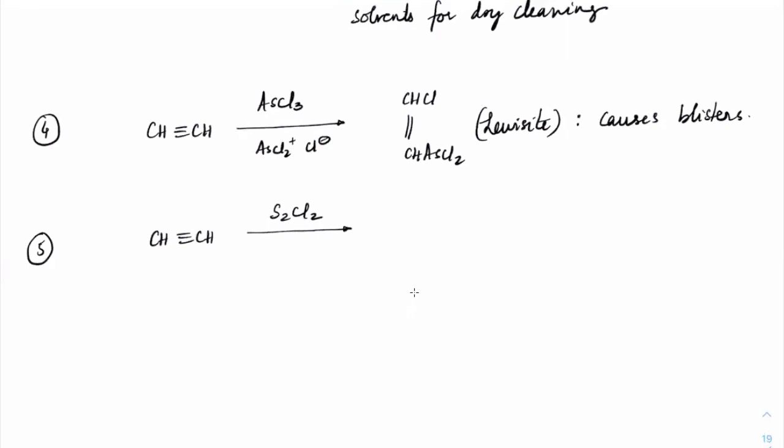Next, S2Cl2. Here we would have S getting added on this, and here we have chlorine, so chlorine getting added on both sides. If you take 2 moles of it, on one side there is chlorine, and on the other side it will be Cl minus, which gets added on to sulfur. Same way here also, CH=CH-Cl with minus, and sulfur got plus already as Cl.